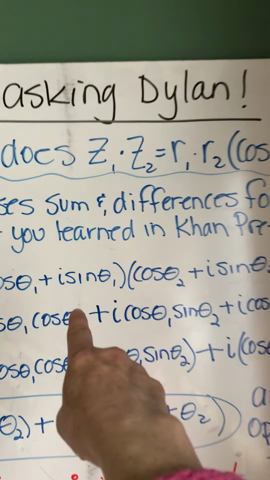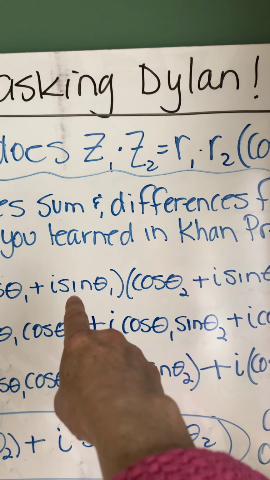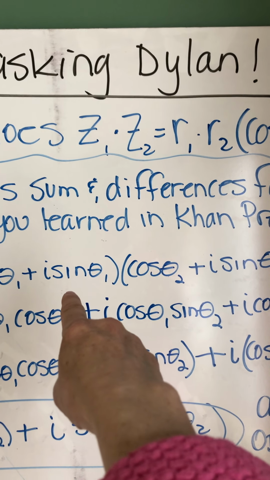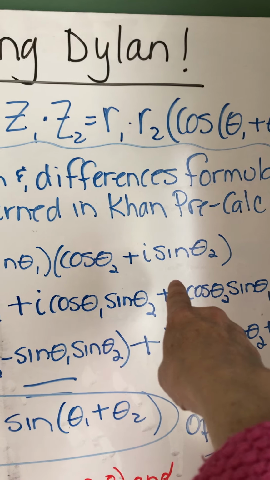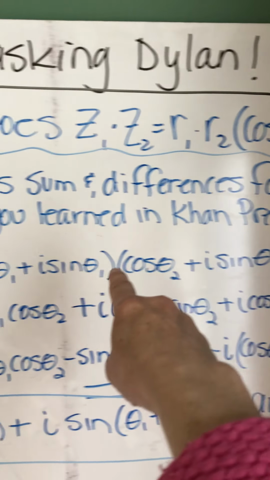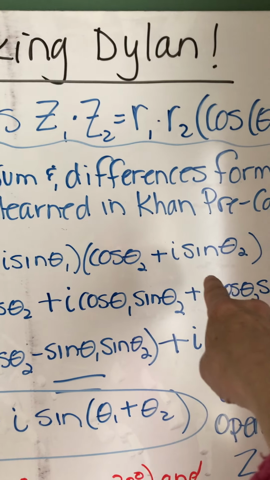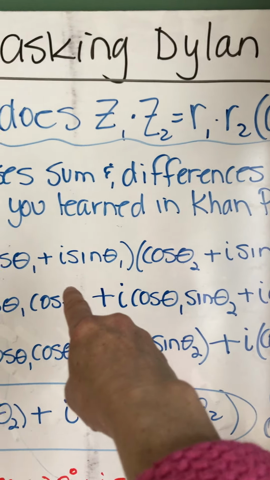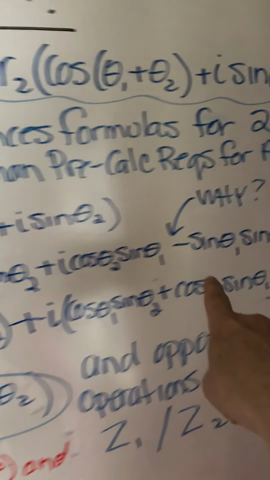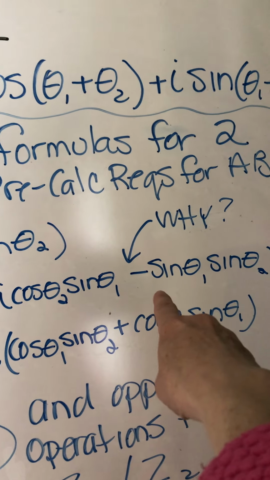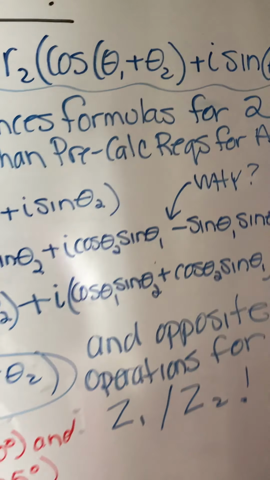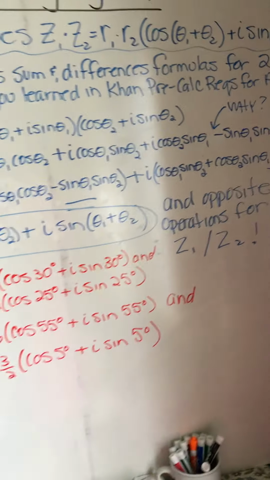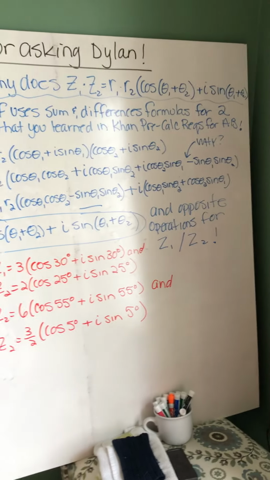Well, when you look here, when I FOILed out, the last thing I would have multiplied was i sine of theta 1 times i sine of theta 2. That would have been sine of theta 1 times sine of theta 2 times i squared, which is a negative 1. And that's where the negative came from. On the next line in blue, all I did was rearrange my terms.